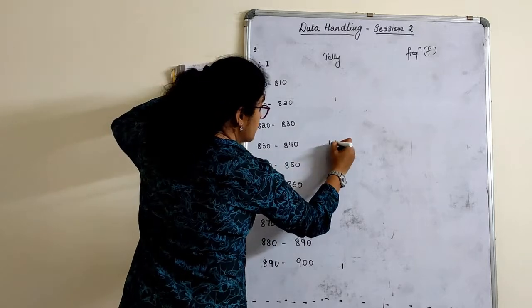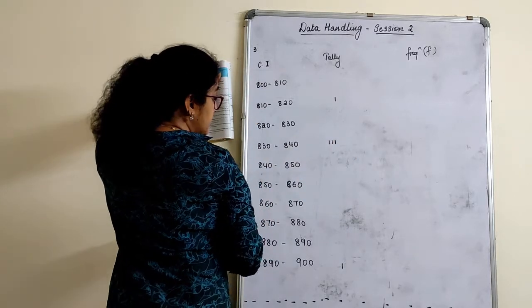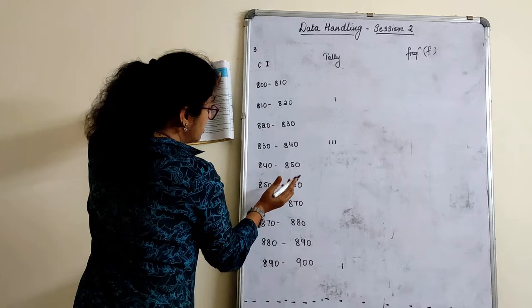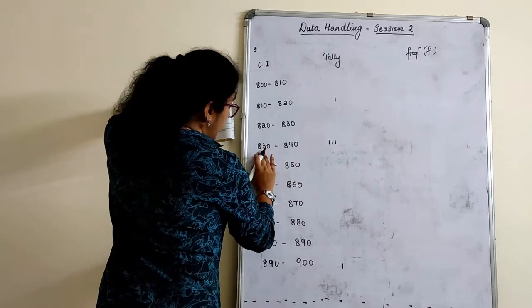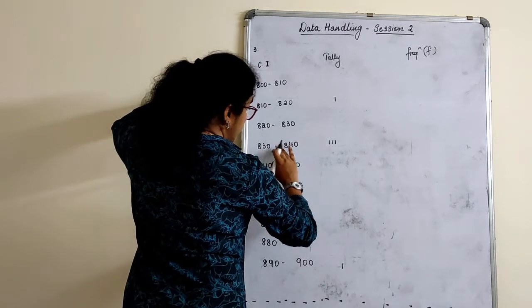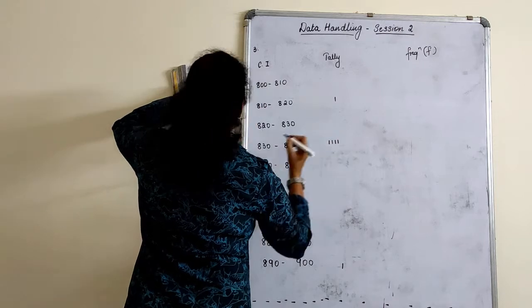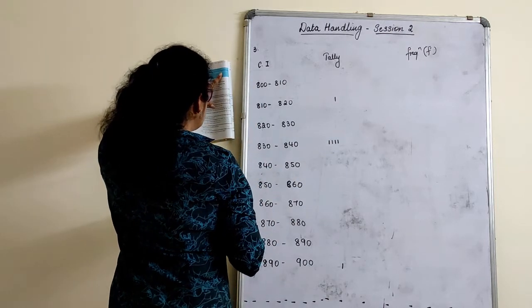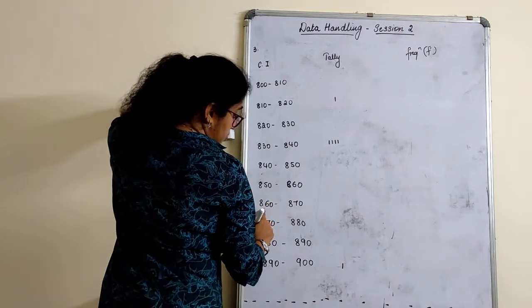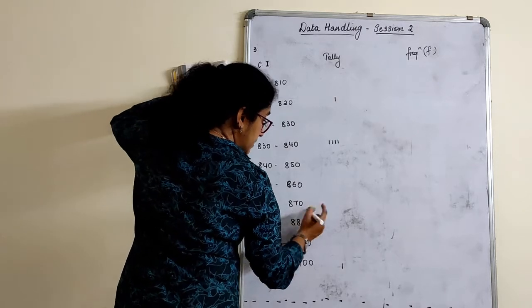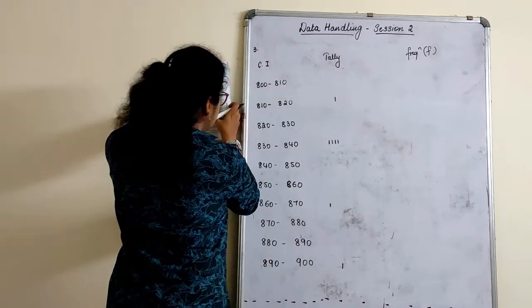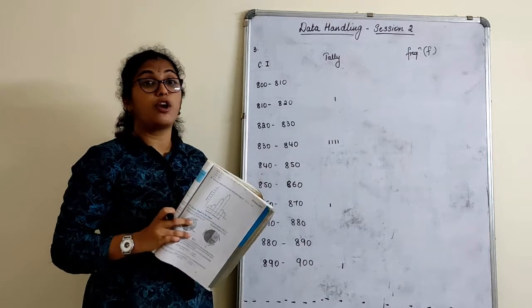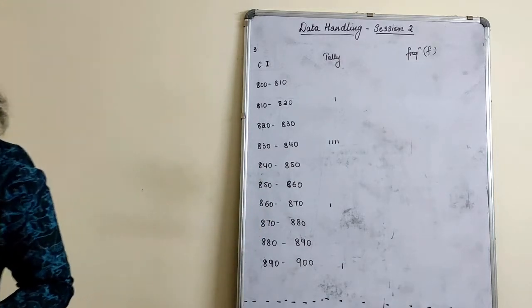So it comes here. Then we have 836. So 830 to 840. It is there, right? 36 will come in this only. Then we have 869. So 60 to 70. That means it falls here. Similarly, we have to mark for all the wages.